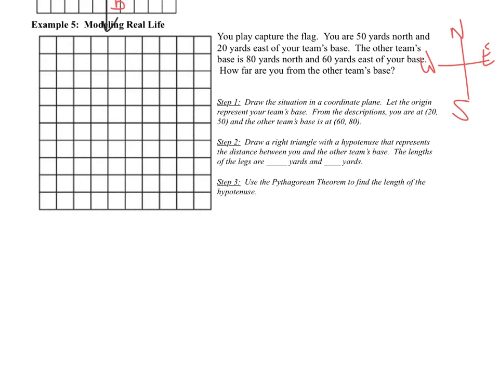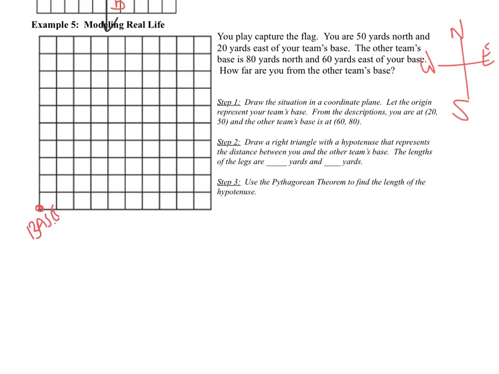So let's think about what this says. On this coordinate plane, we're going to kind of draw it out. So let's just say here's our base. So we are 50 yards north and 20 yards east.